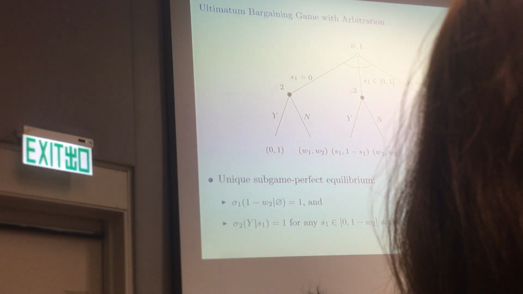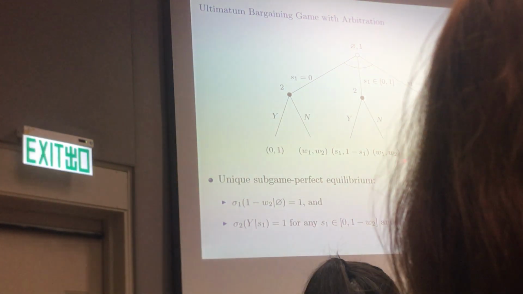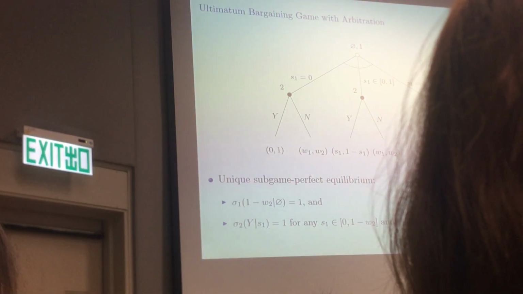Remember that if player 2 chooses yes, then player 2's payoff is 1 minus S1. But if player 2 chooses no, then her or his payoff is W2. So which means that, for example, first of all, as long as 1 minus S1 is strictly larger than W2, then player 2 has to choose yes.